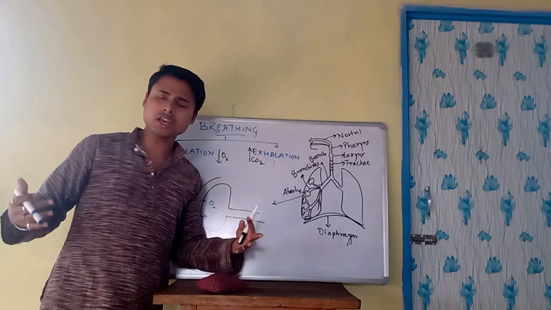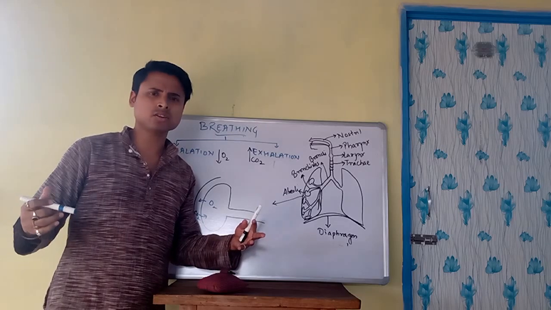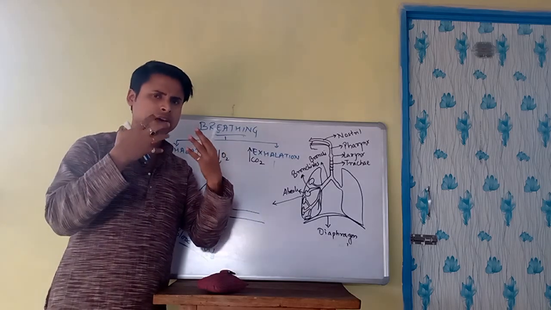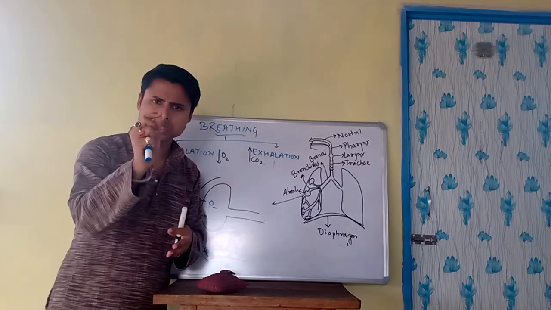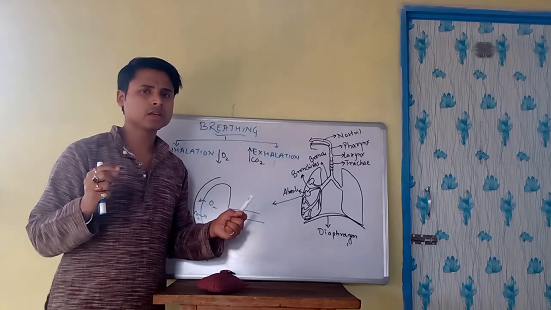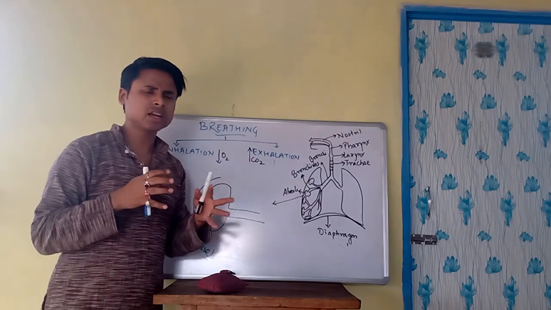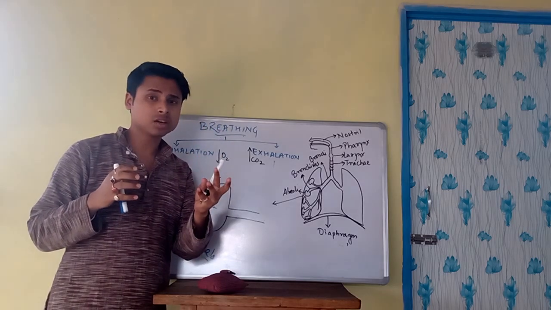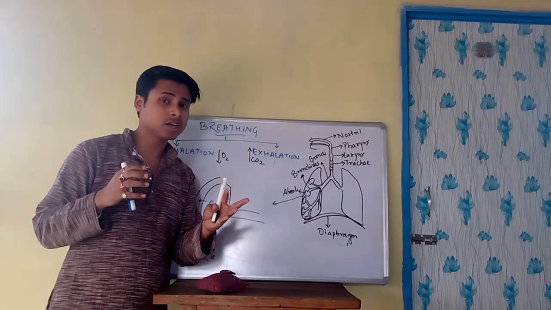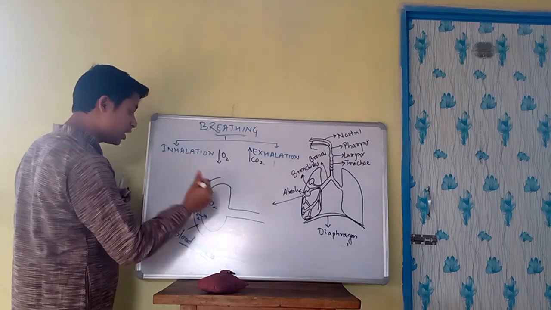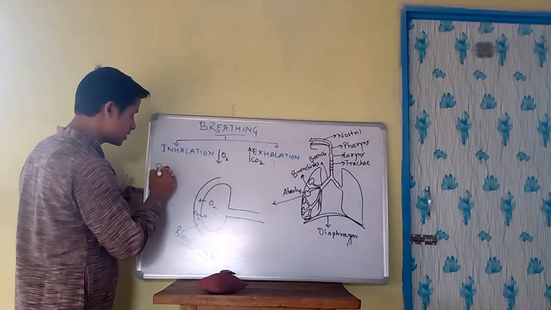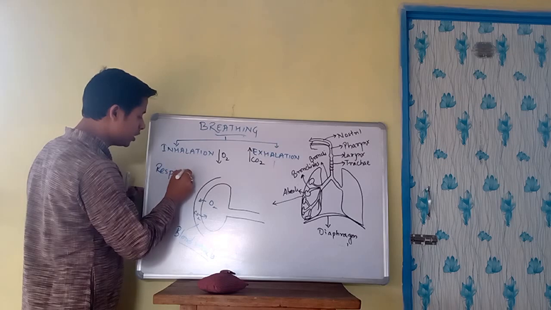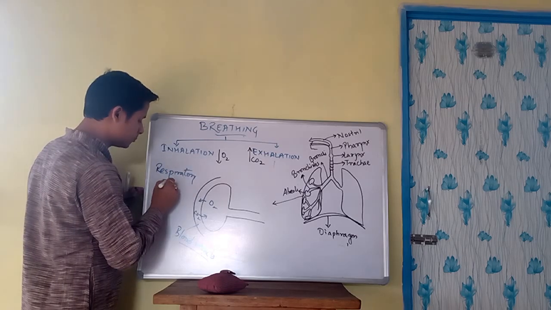And we are very big animals, right? We have a huge body. Oxygen has to reach even a toe. How will it go? In blood it directly can't go. Oxygen has to be carried forward by something very fast, very vigorously. And that carrier of oxygen we call the respiratory pigment.